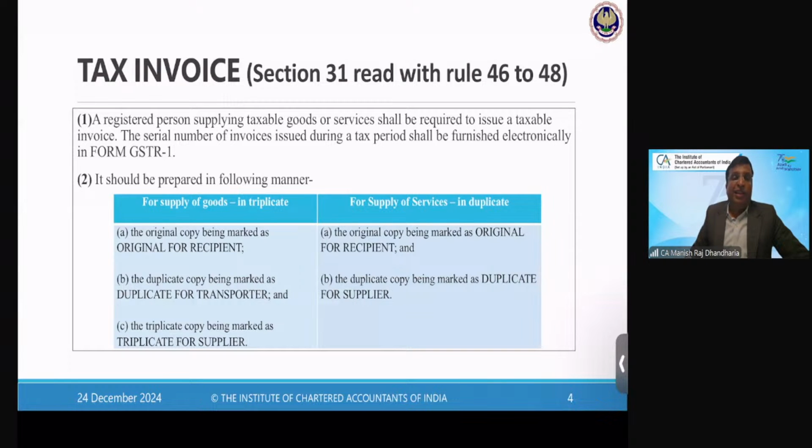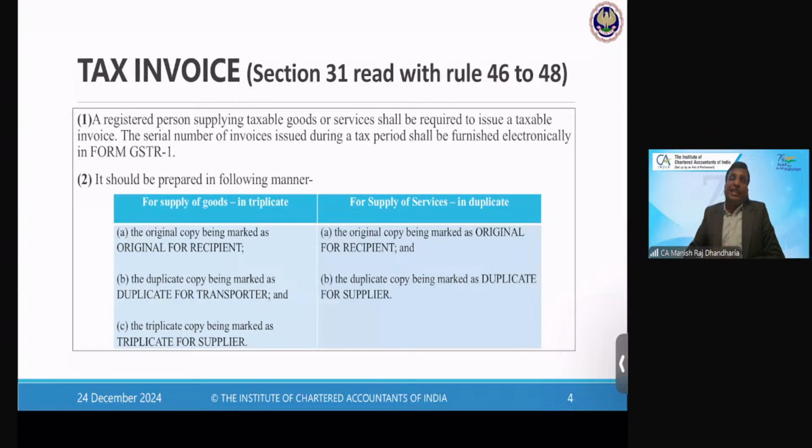In fact, in the whole GST law, wherever the word invoice is used, we have to assume that invoice means tax invoice. So a tax invoice can be issued by a registered person when he is supplying taxable goods or services.